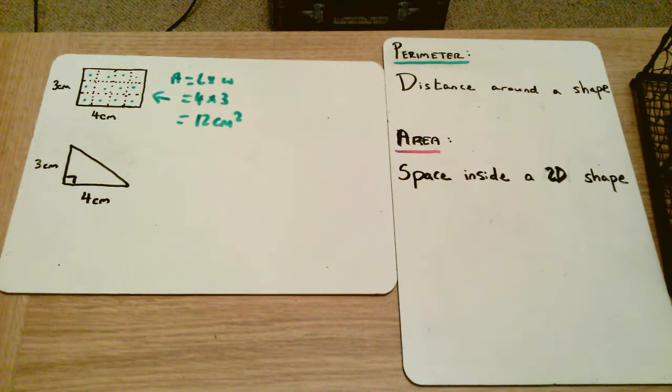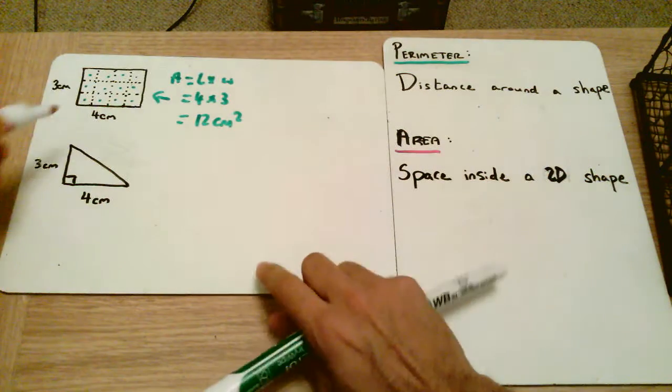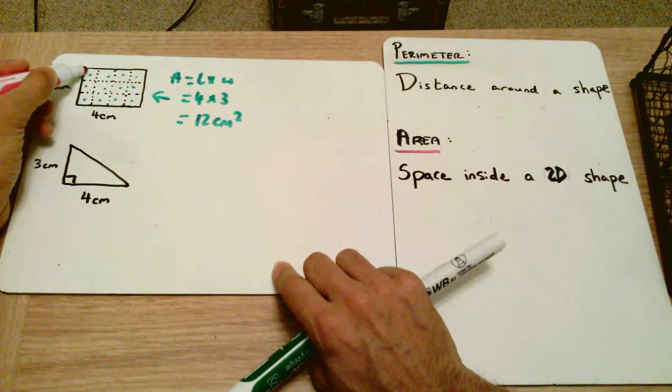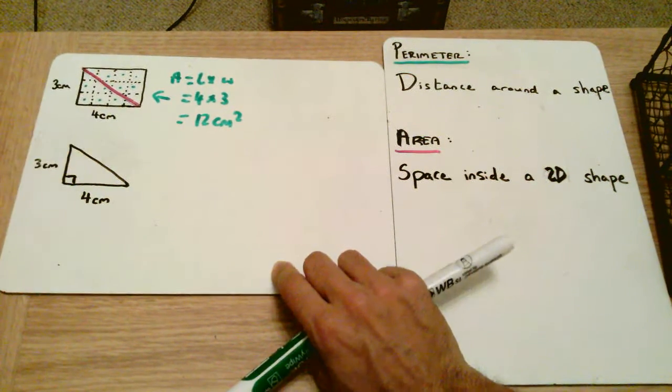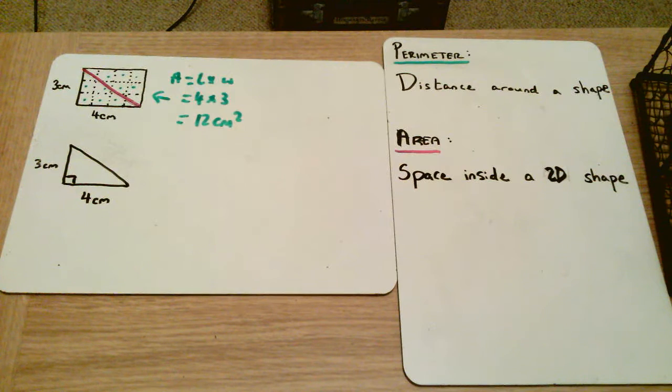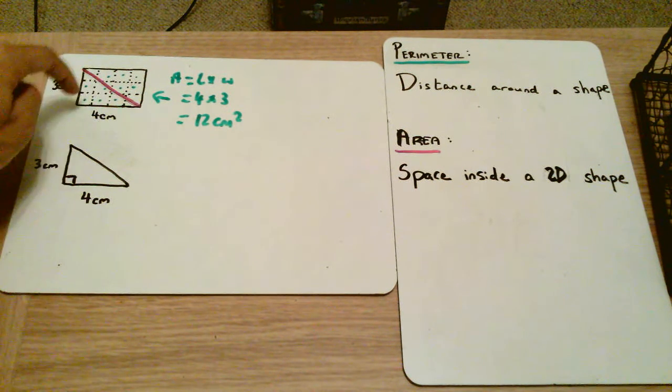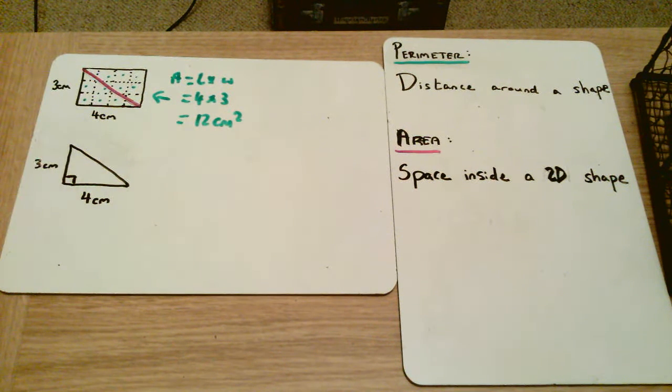Now, the shape below is a triangle, which is almost identical to the rectangle above. But what we've done is cut it in half by drawing a diagonal line across here. If the area in that rectangle was 12, I've halved it, because I've taken half of that shape and made it into two identical right-angled triangles.